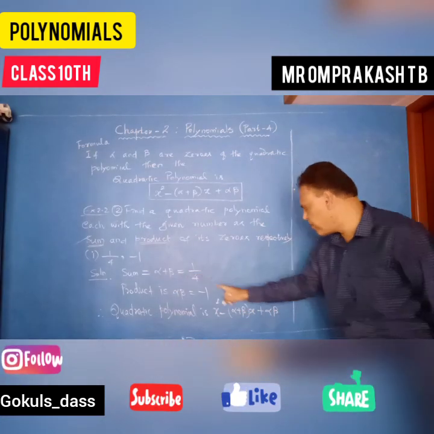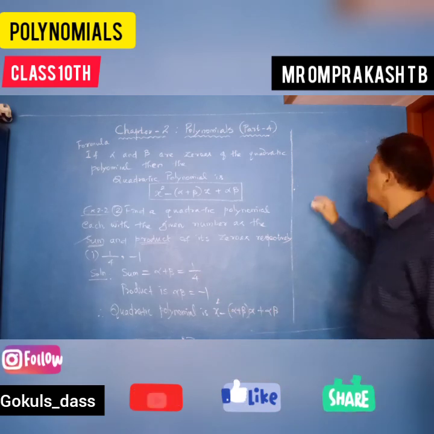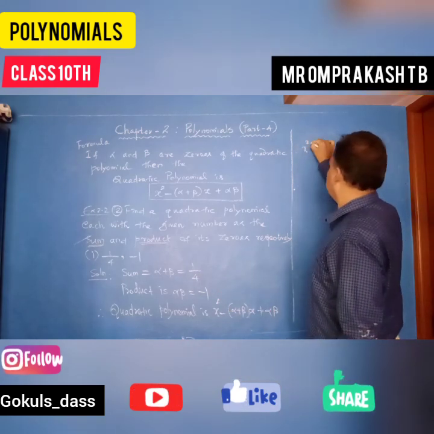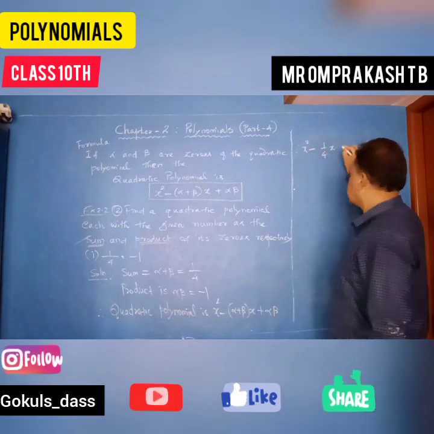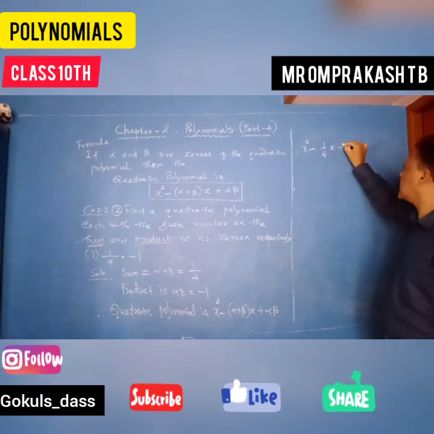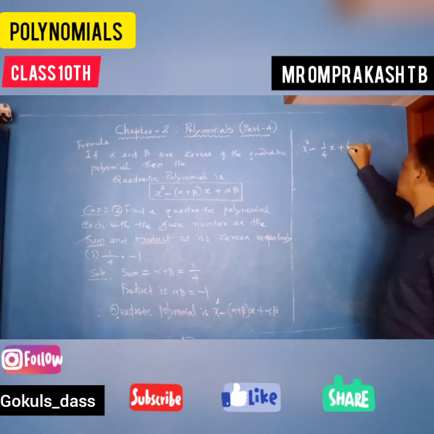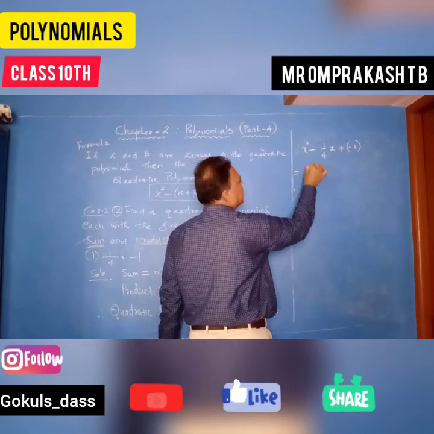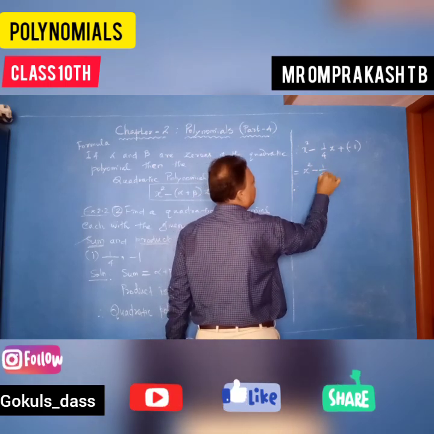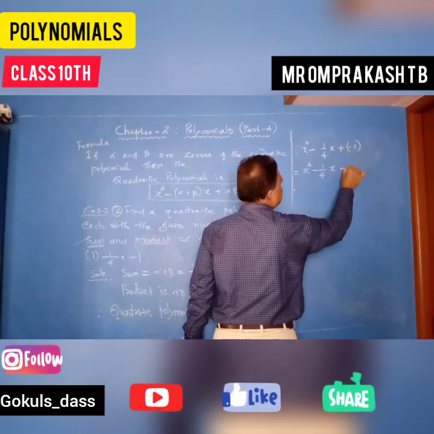You have to replace it here. So therefore x squared minus 1 by 4 x plus alpha beta, which is minus 1. Therefore that is equal to x squared minus 1 by 4 x plus into minus 1.